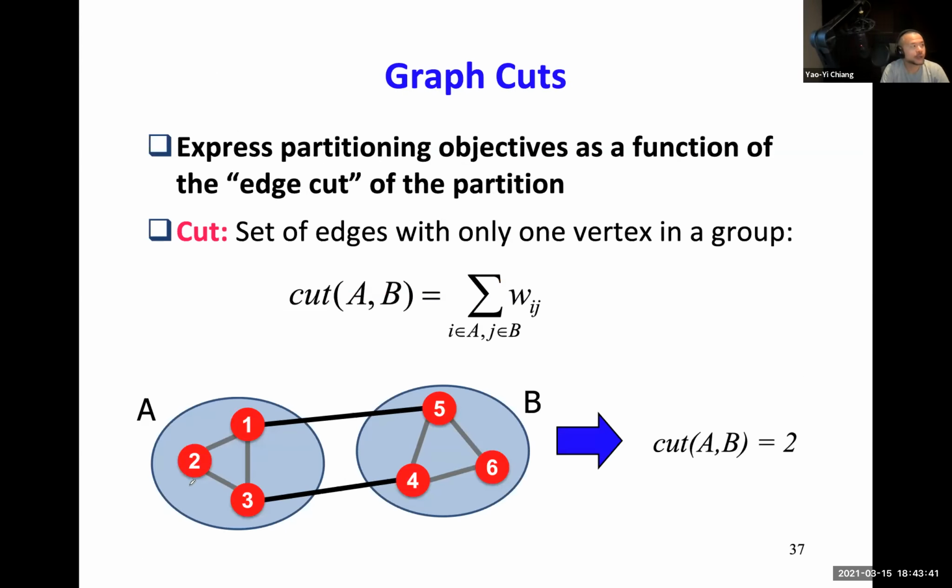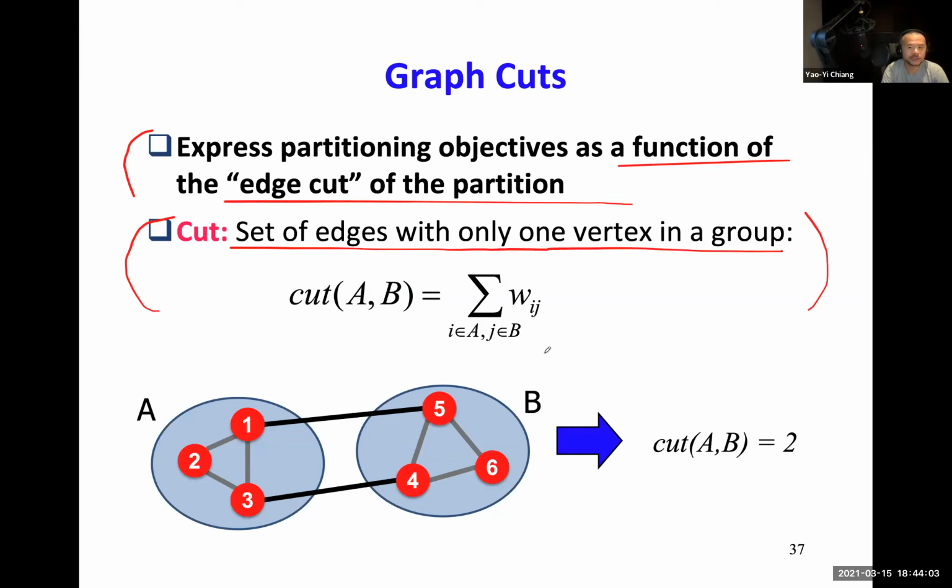So in the graph cut algorithm that we are going to introduce here, we're going to express the partitioning objective as a function of the edge cut of the partition. And if we look at the definition of the cut, this is the set of edges with only one vertex or node in a group. So that looks like this. What does it mean?